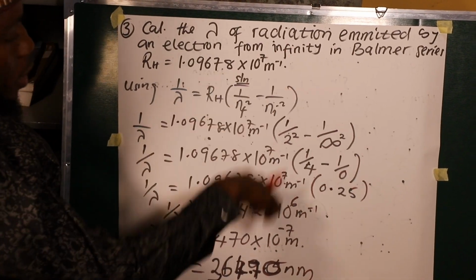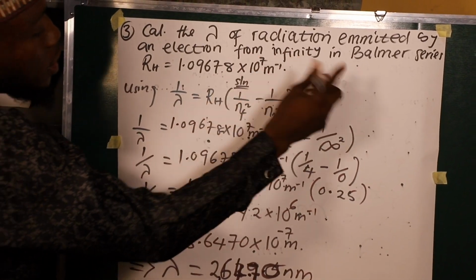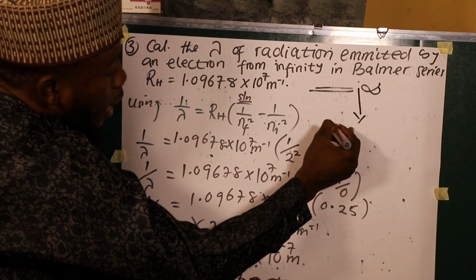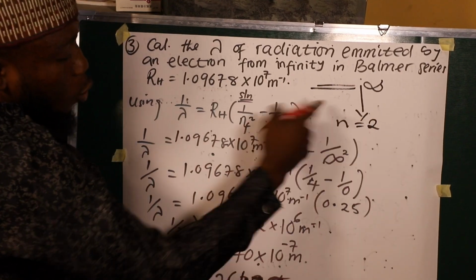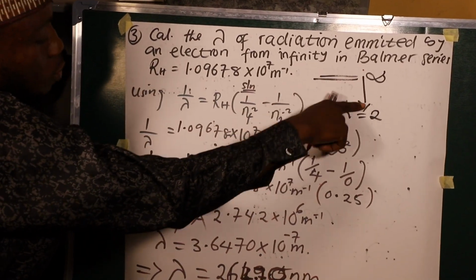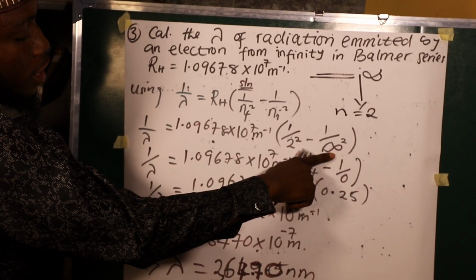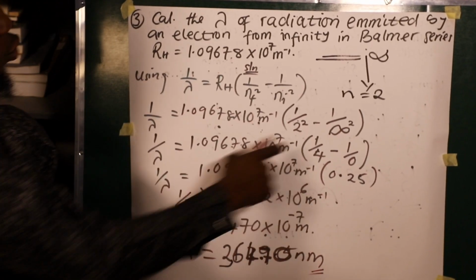In the question, it says the electrons start coming from infinity to where NF is equal to 2 in the Balmer series. So we substitute Ni as infinity, and then we square the infinity.